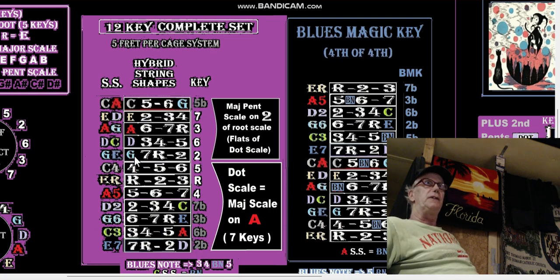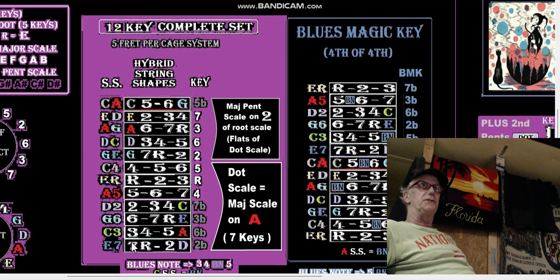They're these flats here, G, D, A, E, C. So these are the major pentatonic scale on the second of the root scale, flats of the dot scale. These are the flats of the dot scale: 7 flat, 3 flat, 6 flat, 2 flat, and 5 flat.